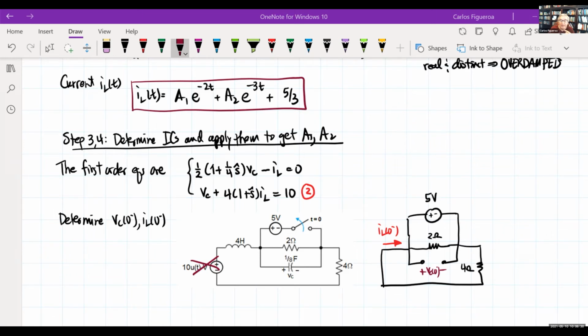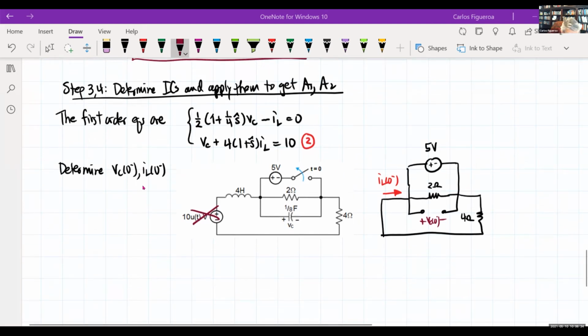So right away, what I'm seeing here is that VC of 0 minus, which is of course 0 plus, has to be 5 volts. But look at the polarity of the 5-volt source and look at the direction of the inductor current. They're opposite.